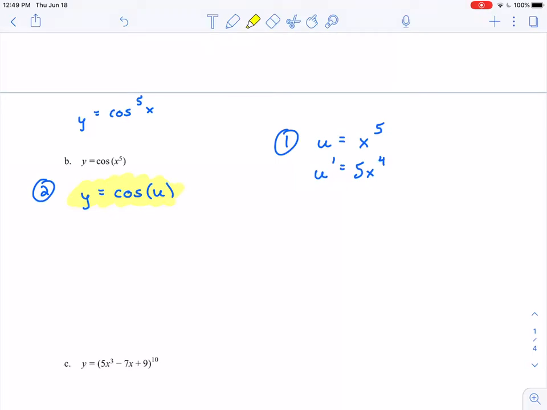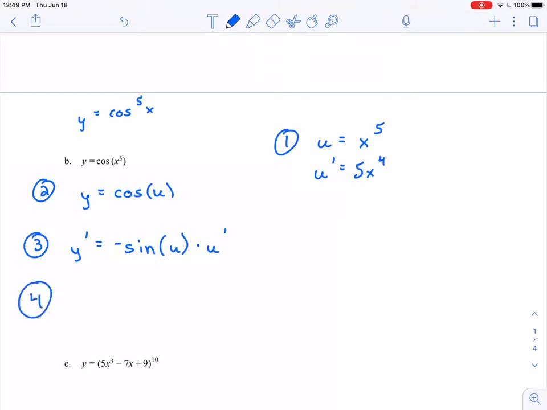Well, yes, we know how to take the derivative of cosine. The derivative of cosine is negative sine of u. So let's do that in our third step. We're going to take the derivative. So y prime, derivative of cosine, we said is negative sine of u. And then every single time we're multiplying by the derivative of that inside part, by u prime.